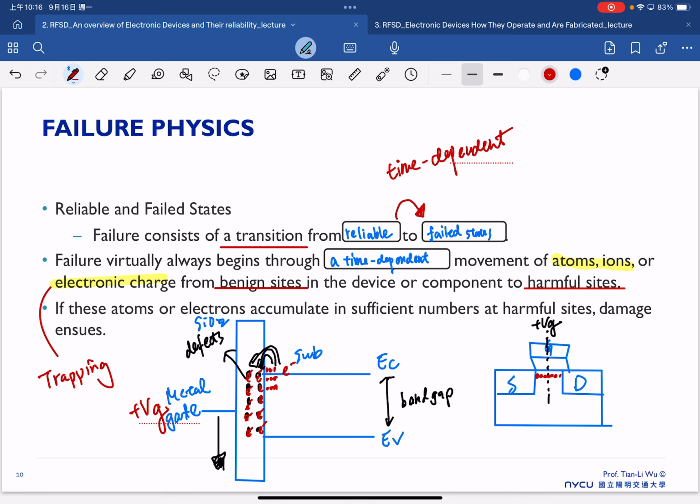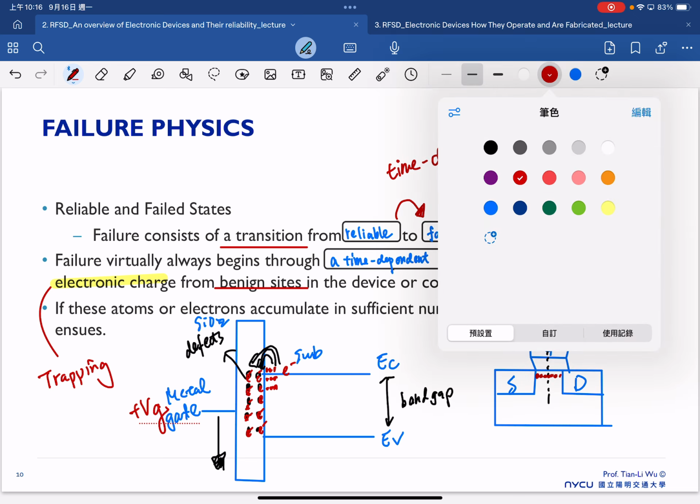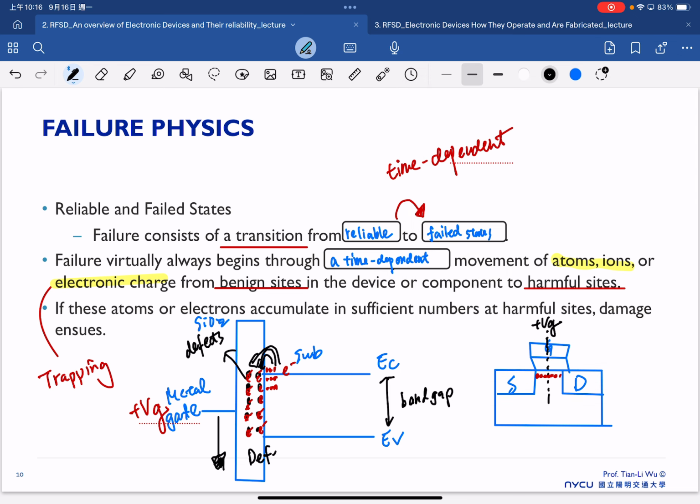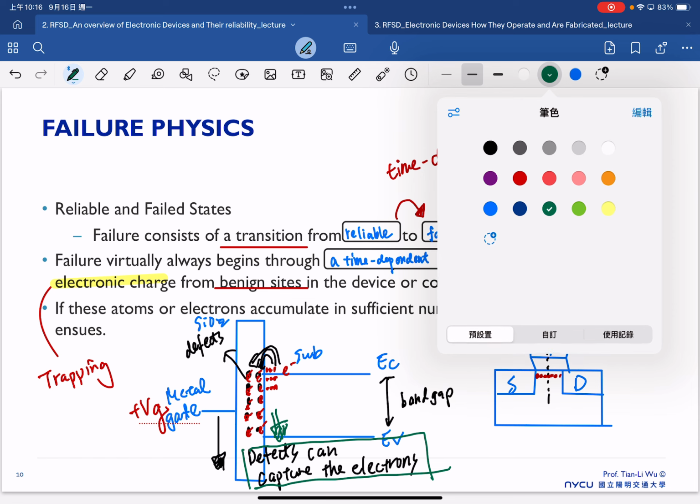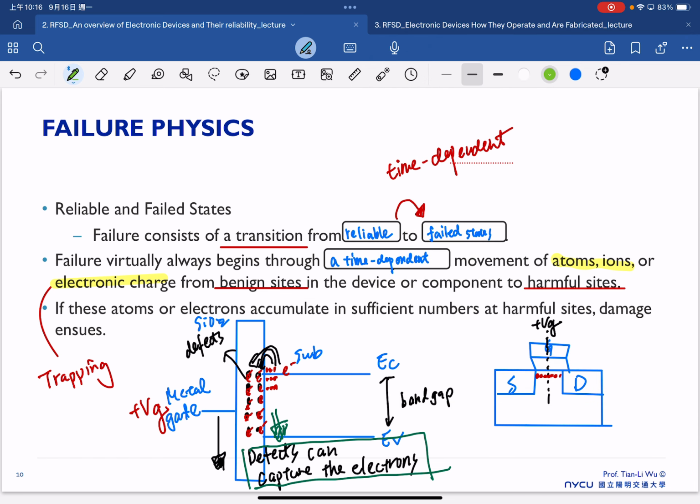Because right now, the defects can capture the electron. This phenomenon, where defects capture electrons, is what we call trapping.